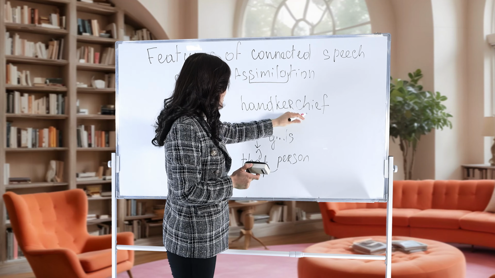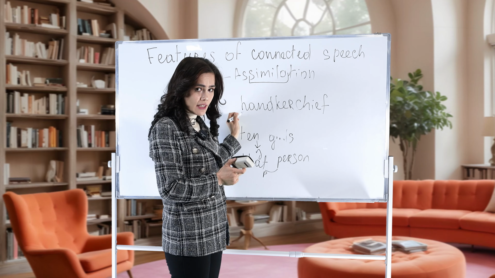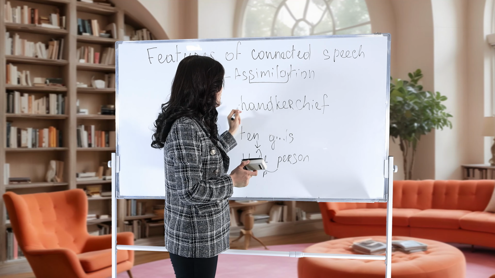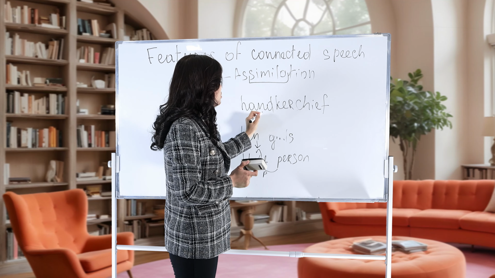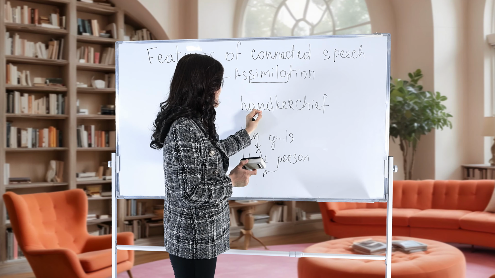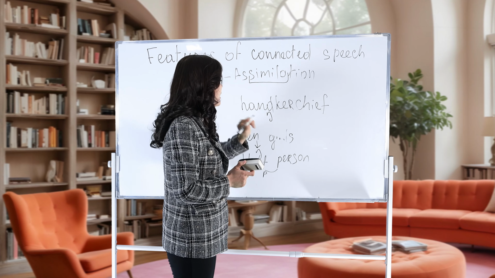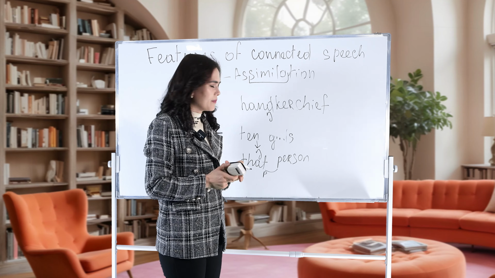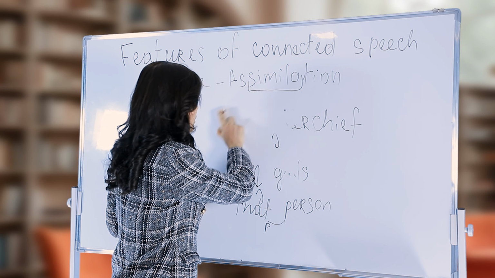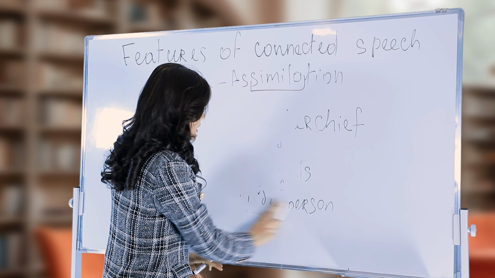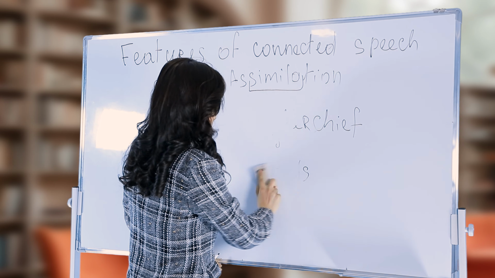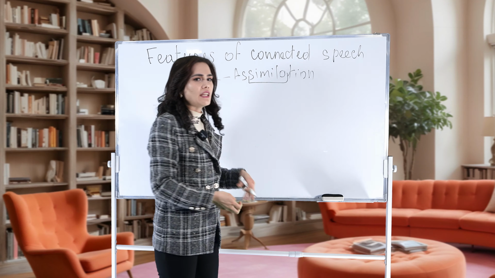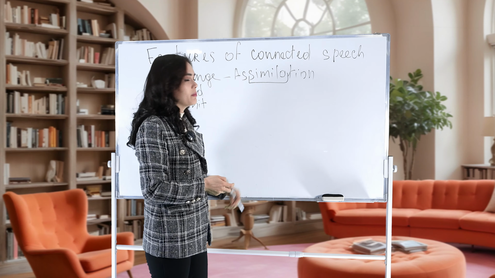If you pronounce hand individually, it is pronounced hand, and kerchief. But here you can see the change: handkerchief, the n sound becomes ng. It can be an example of assimilation within a word. So, in conclusion, the changes that we observe within a word or between words in your connected speech are called assimilation.